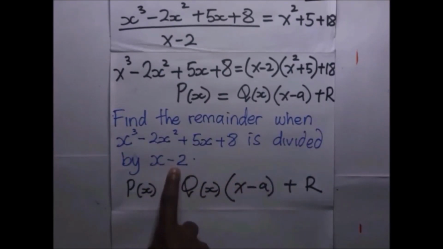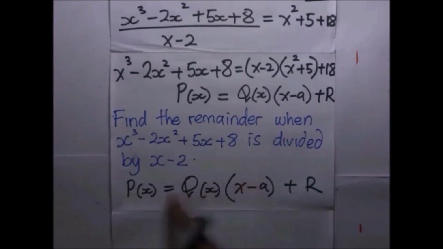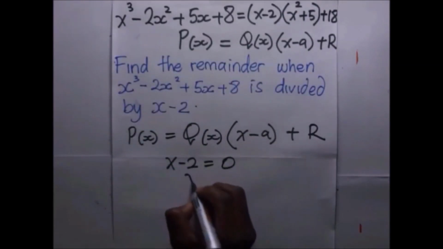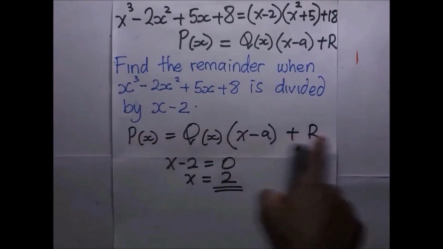So if x minus 2 is equal to 0, what is the value of x? We get the value of x that is going to enable this expression to be 0, so that we are able to find the remainder. If x minus 2 is equal to 0, it means that the value of x here should be 2. So we come and substitute it in this equation.